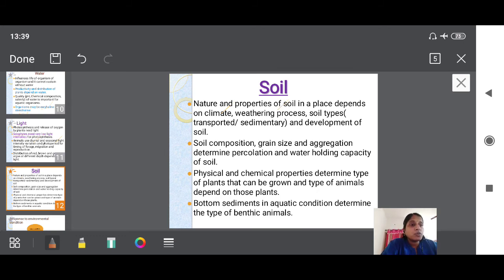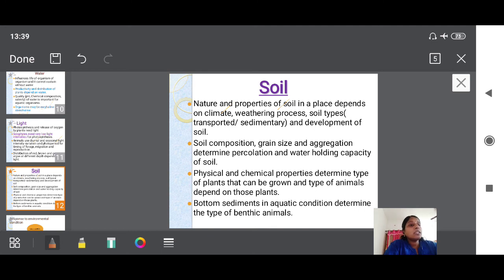Weathering processes means how the rock particles are broken down to convert into soil. Depending upon the type of the rock, maybe some are undergoing a fast weathering process, some will be undergoing a very slow weathering process. As for soil types, it can be clayey, loamy or sandy, whether it is sedimentary, deposited and formed that soil, and it is transported from some other place through water or air and getting clogged out.